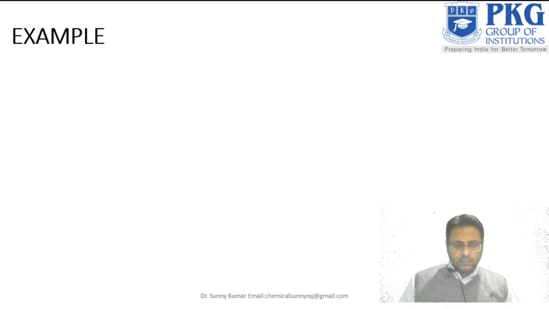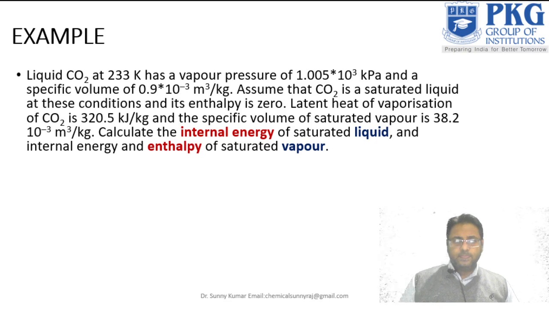So another example we will discuss: liquid carbon dioxide at 233 Kelvin has a vapor pressure of 1.005 into 10 to the power 3 kilopascal and specific volume of 0.9 into 10 to the power minus 3 meter cube per kilogram. Assume that CO2 is a saturated liquid at these conditions and its enthalpy is 0.